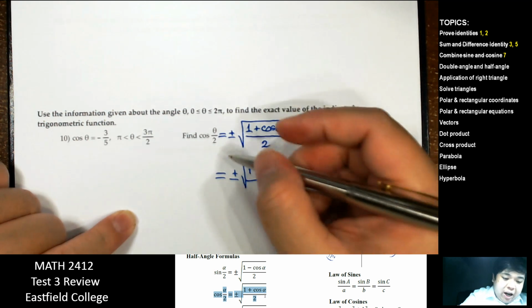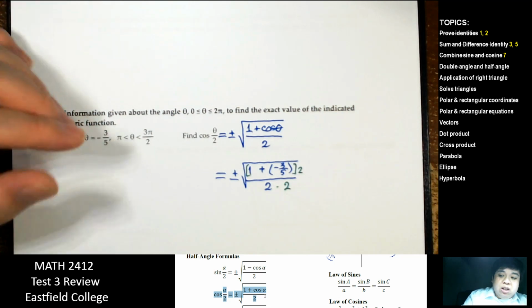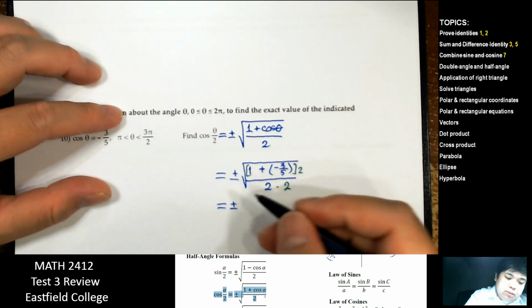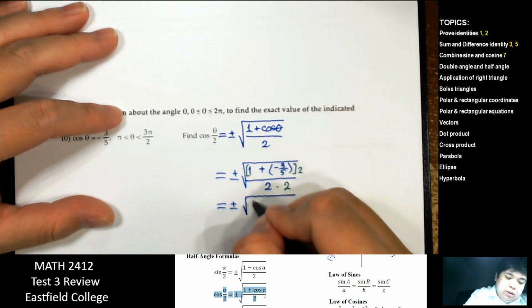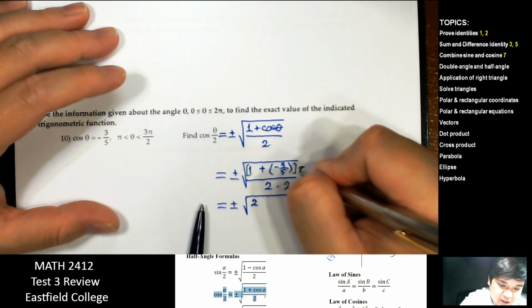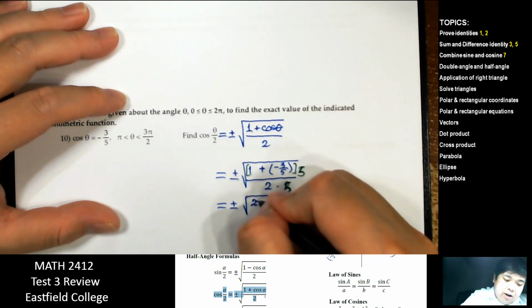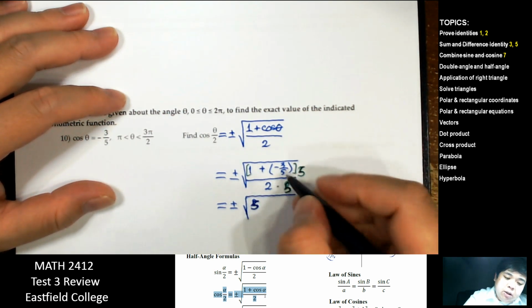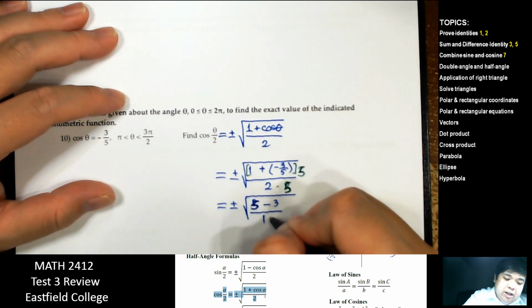I will multiply everything by 2 just to simplify things. So we have 5 minus 3 over 10.